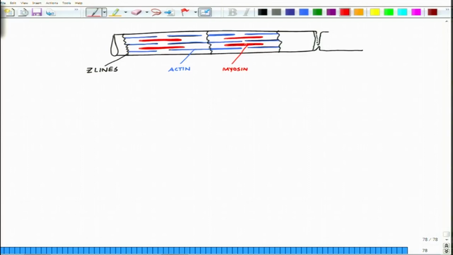If you look at this picture pretty closely, you will observe something very neat. This picture is more like this. Here is a myosin. The myosin has these kinds of heads on top of them. These are called the myosin heads.